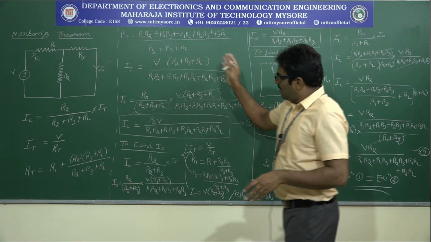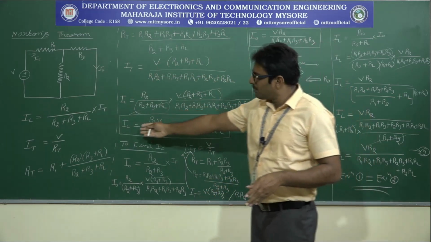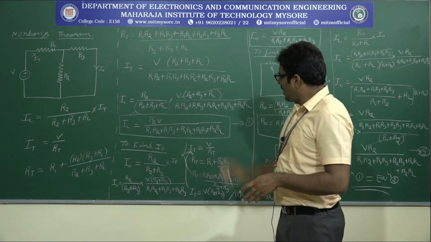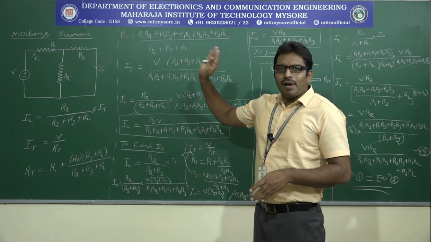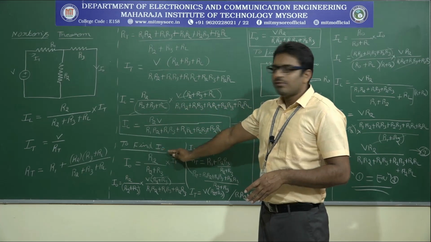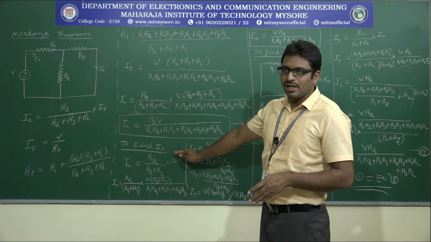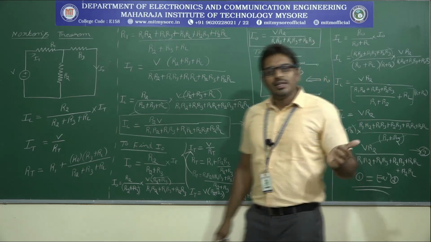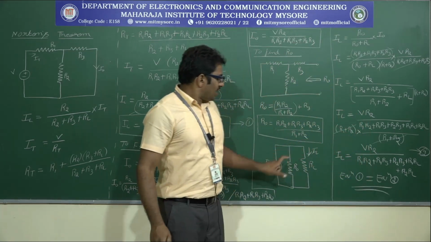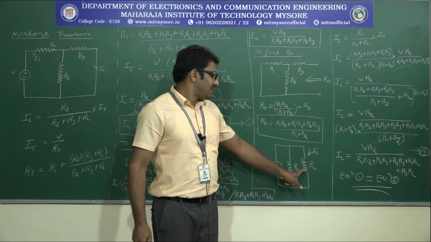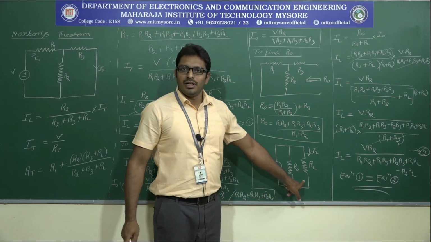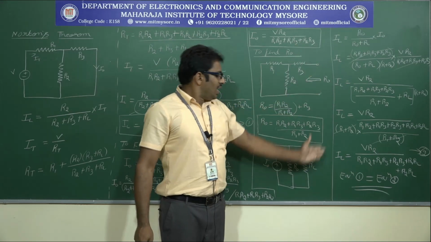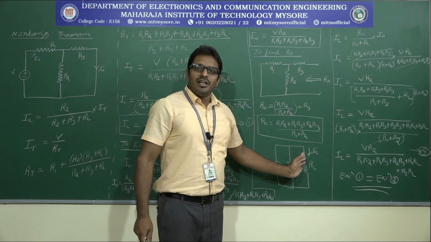First, we derived the expression for IL by any general method, call it as equation 1. Next, by Norton's theorem, first find out what is I naught, that is Norton's current, then find out what is R naught, that is Norton's resistance, then write Norton's equivalent circuit and connect the same load resistance to the terminals of this Norton's equivalent circuit, then find out IL by using current divider rule.